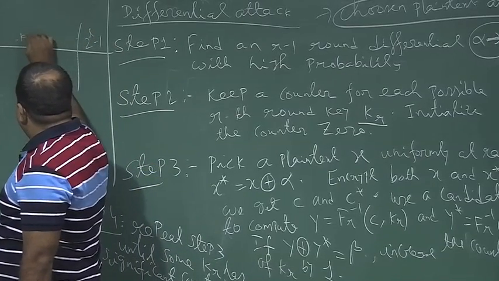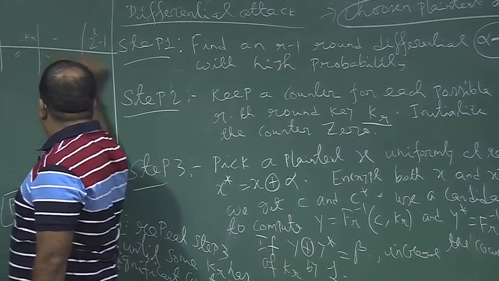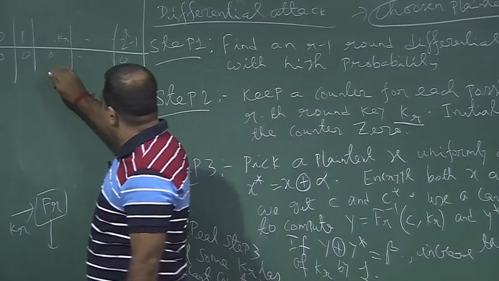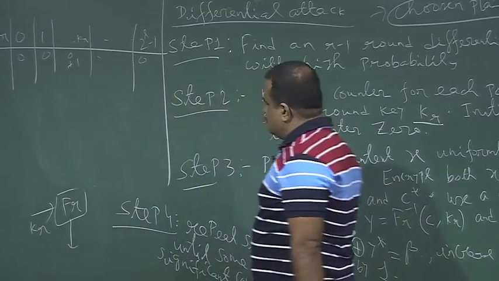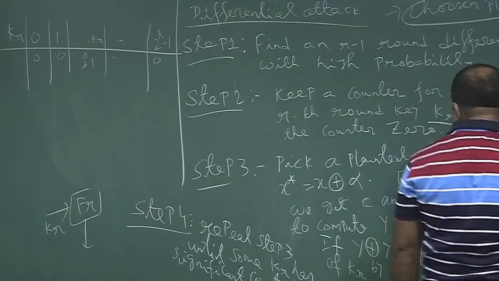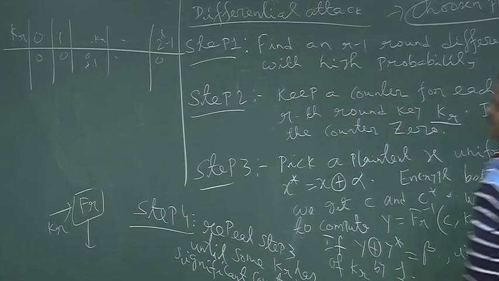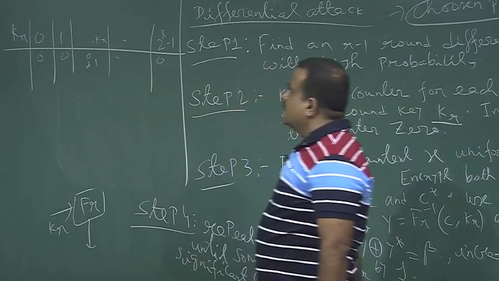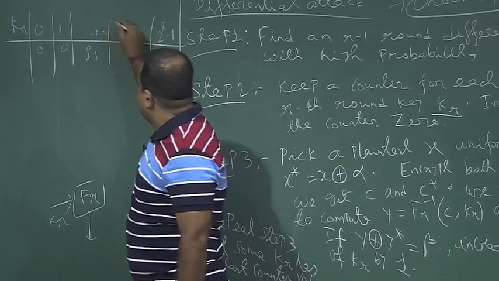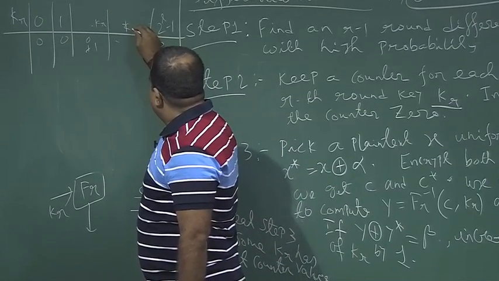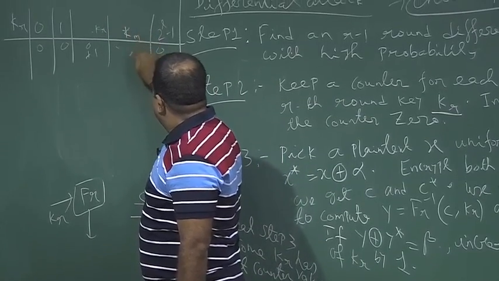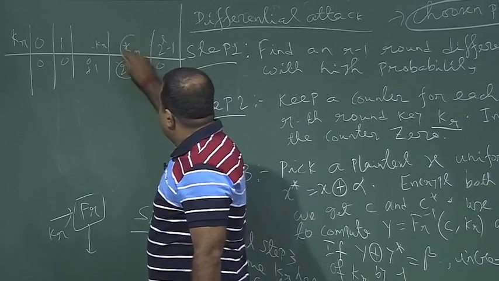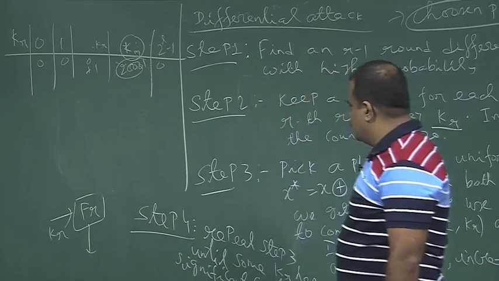All counters are initialized to 0, and whenever it matches, we add 1. We repeat this process until we get a significant value for a particular K_R, say 100, and then obviously this will be the key.